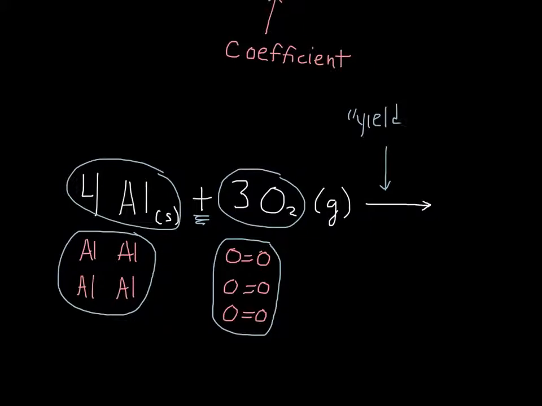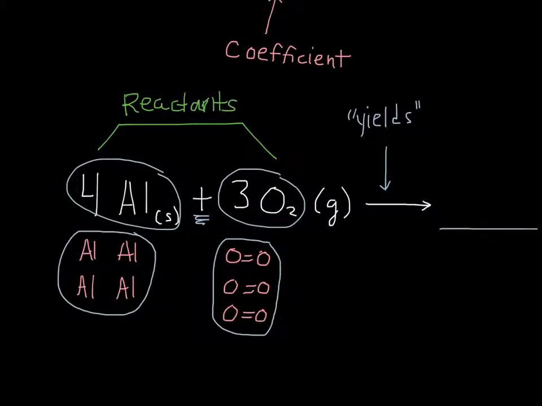So when I put them together, it yields something. This is what I get out of it, and it will be on this side. What I'm putting in here, I'm going to call the reactants. This is what's reacting, what's starting. These are my ingredients, my reactants. And what I'm getting out, I'm going to call my products.